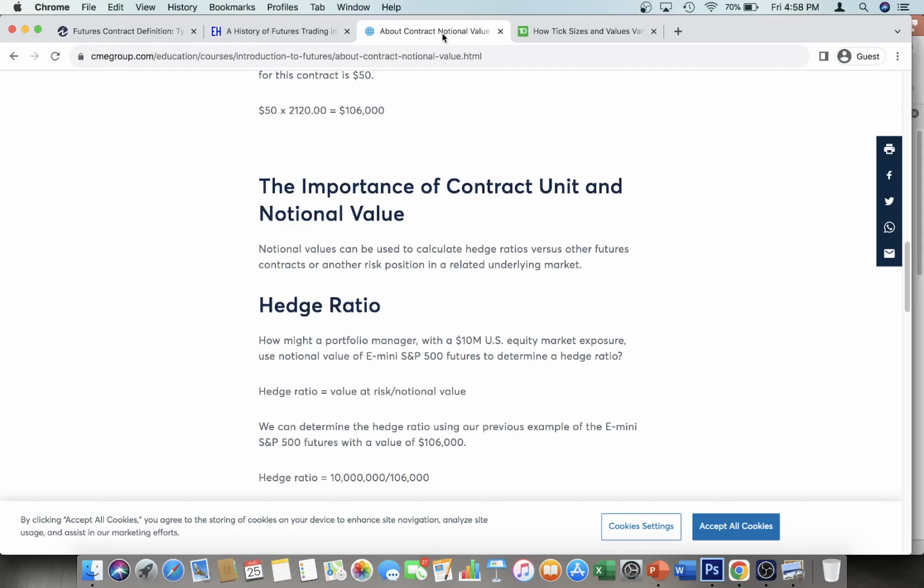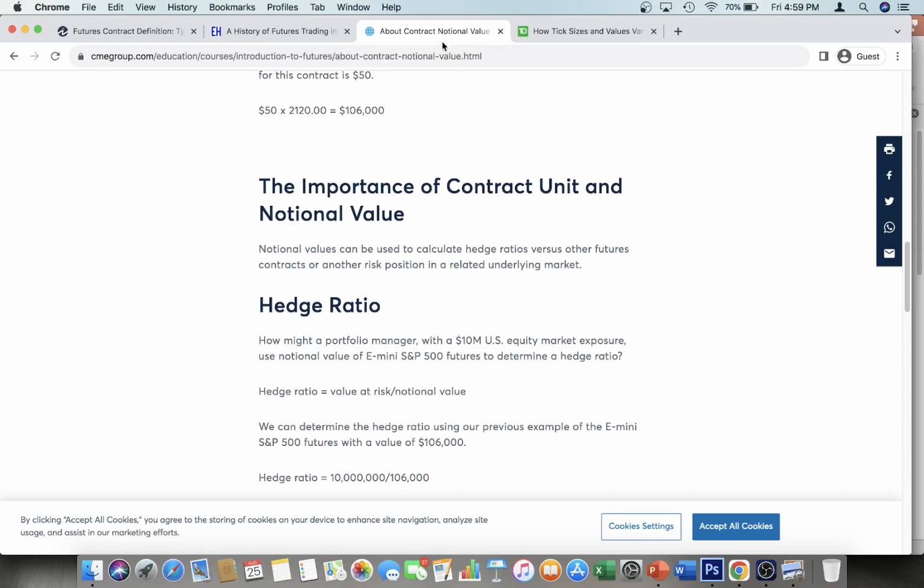Depending on the brokerage you're with, there's a certain amount of money they specify you need to open a position. It depends on the broker, honestly, but typically it's a small fraction of the total value of the contract.